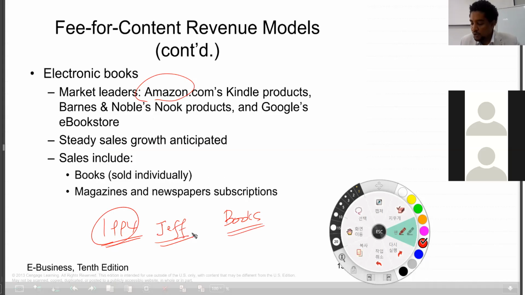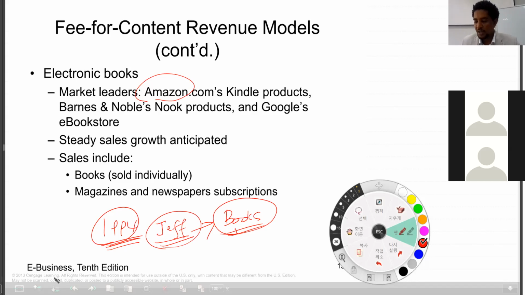He chose books because he identified that books are the easiest products to sell online, because you can easily have your catalog and your description of the book, and you can also easily ship these products to your customers, okay?